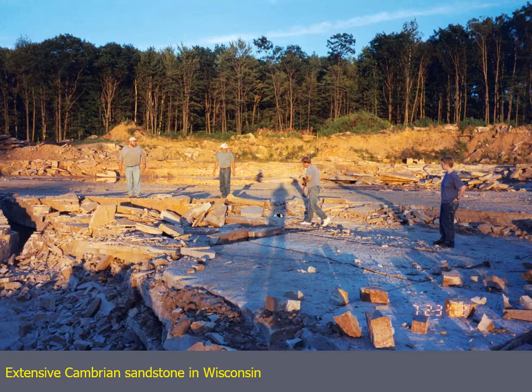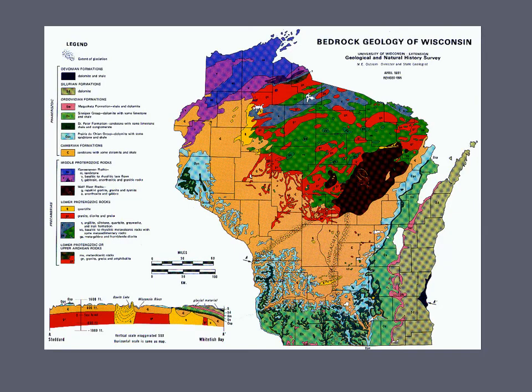So today, a lot of the sandstones that we mine out of Wisconsin go to foundries in Neenah, Wisconsin, and various other places, and are used for 3D printing or making glass or making steel products and iron products.